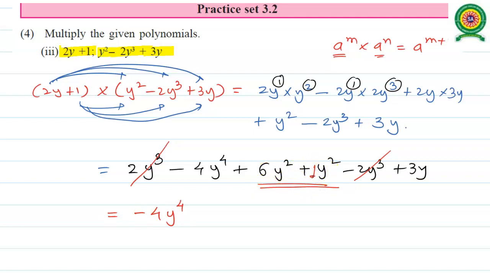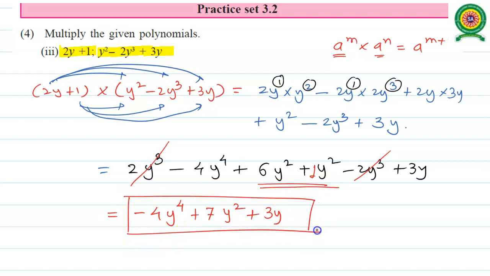The coefficient of y square is not given, so it is 1. So 6 plus 1 becomes 7y square. Those two are like terms, so they are easily added. And lastly we have the single term 3y. So after multiplying the given polynomials, our final answer is minus 4 times y raised to 4 plus 7y square plus 3y.